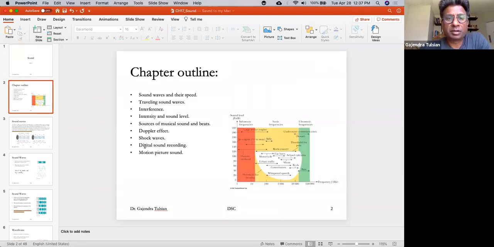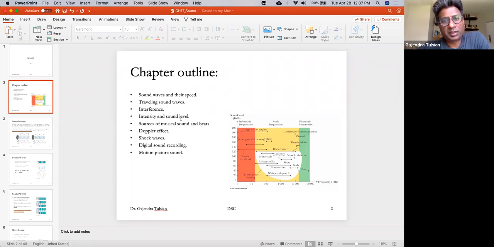These are some of the topics we'll cover. It turns out that the speed of the wave depends on the property of the medium through which it's traveling. We'll look at two or more sound waves reaching a particular spot and how they combine, so we'll look at interference.